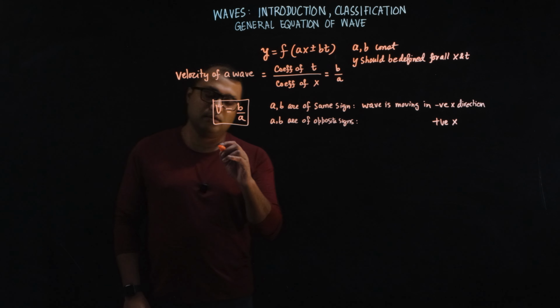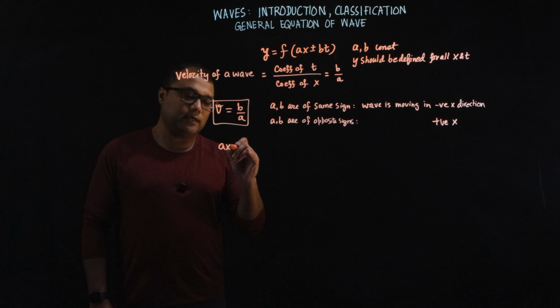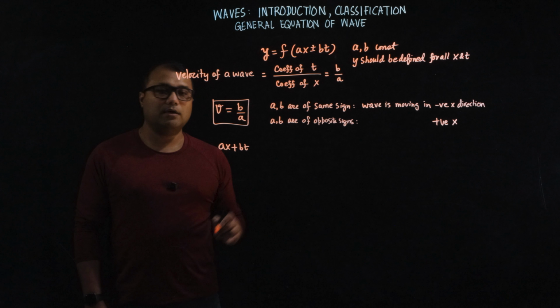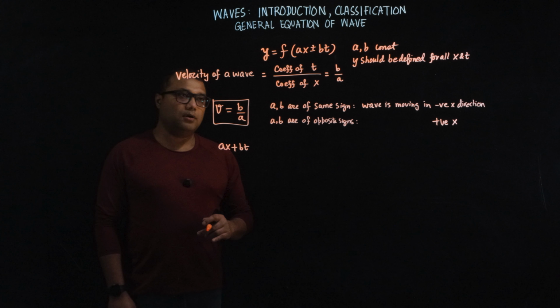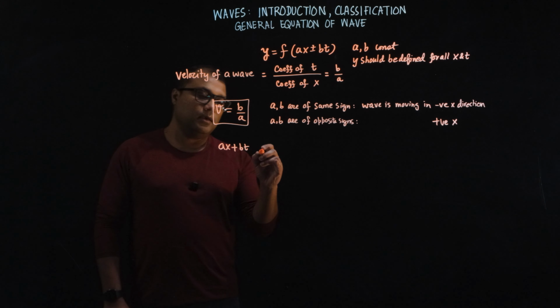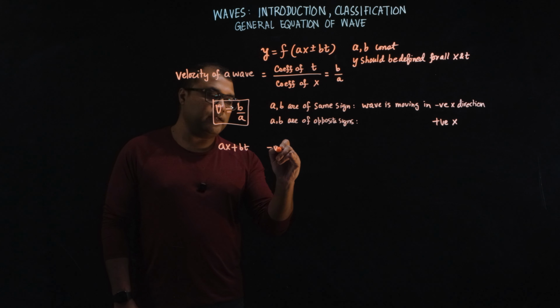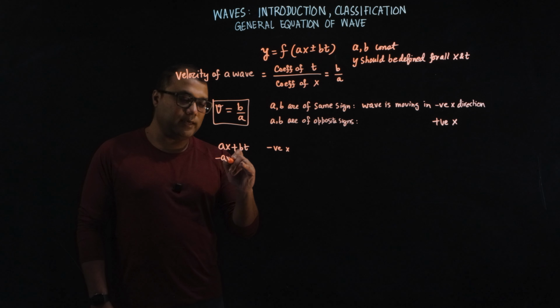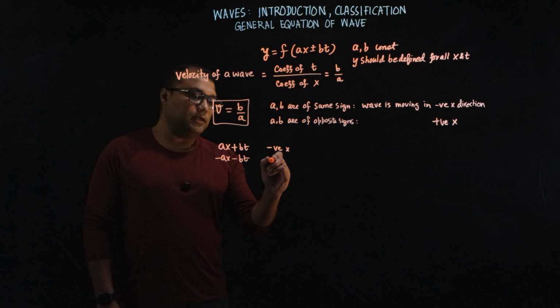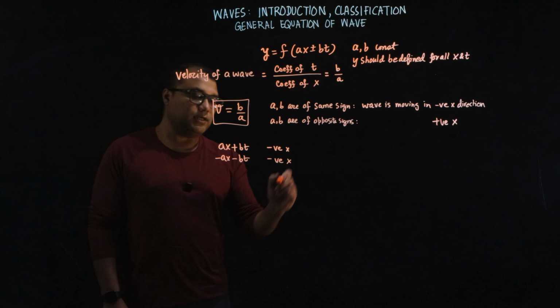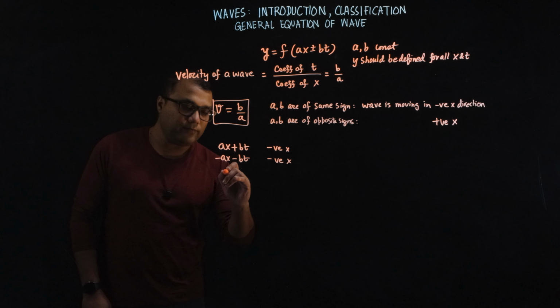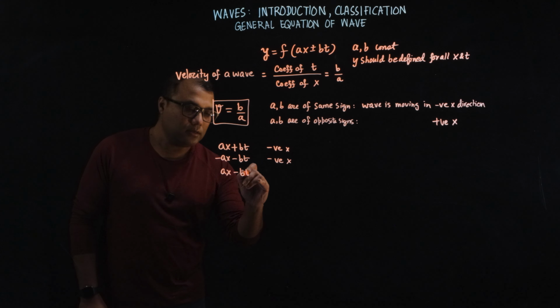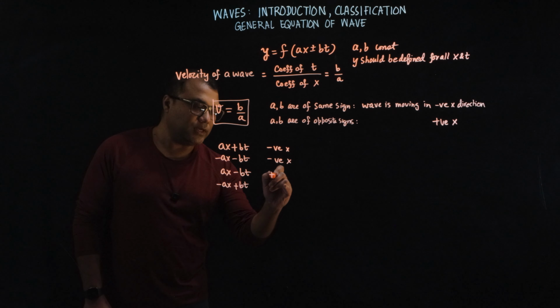So if it is of the form ax plus bt, with a and b both positive constants, then it is moving in the negative x direction. Similarly, if we have minus ax minus bt, it's also moving in the negative x direction. If we have ax minus bt or minus ax plus bt, then these are moving in the positive x direction.